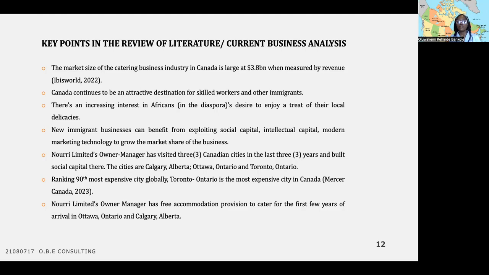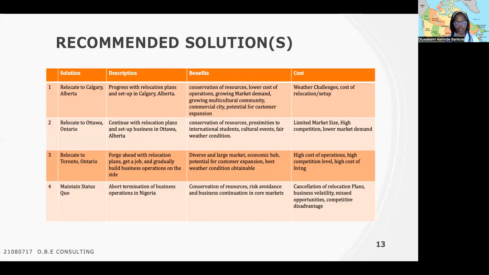The review of literature also revealed that the most expensive city in Canada is Toronto, Ontario, and this fact made Toronto the least desirable option that we recommended to our clients. Finally, we found out that the owner-manager of Nourri Limited has free accommodation provision in Ottawa and Calgary.